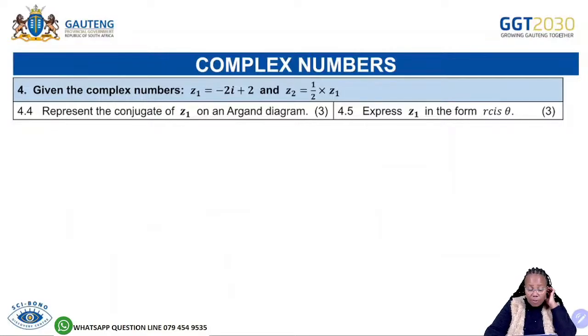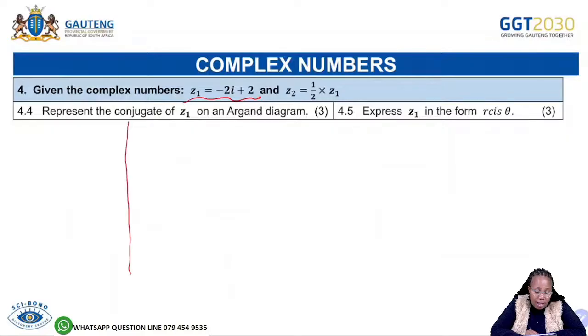Complex numbers. Now represent the complex number Z1 equal to minus 2I plus 2. We are still continuing the same, and then they say represent the conjugate of Z1 on an Argand diagram. Remember, this must be written in the correct notation, that is 2 minus 2I.